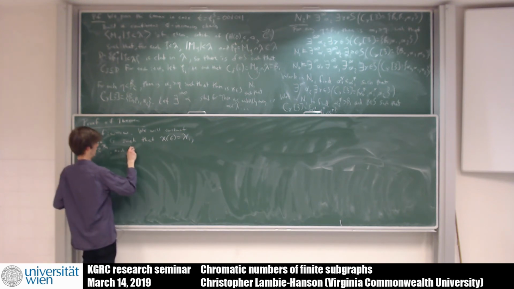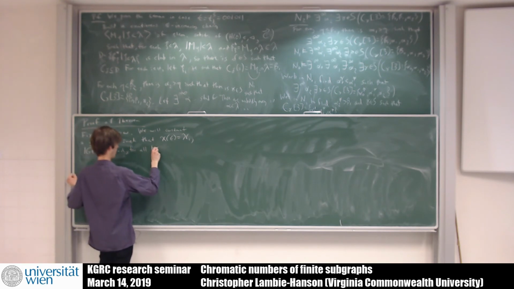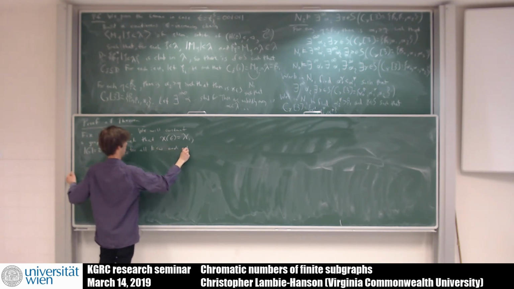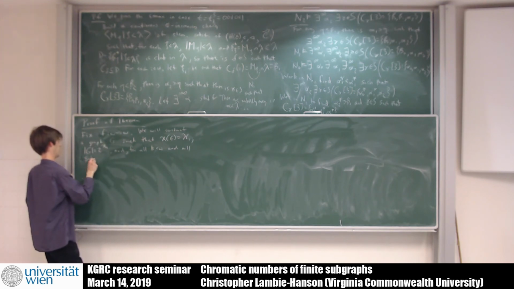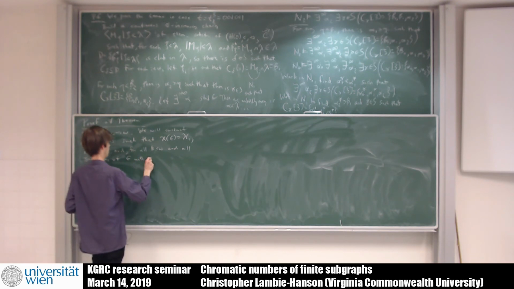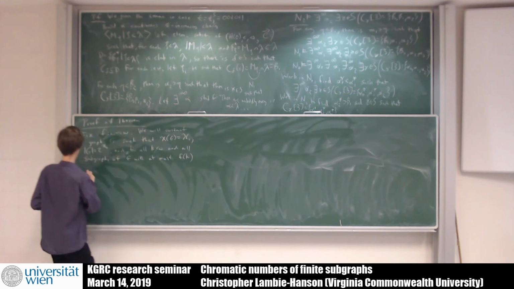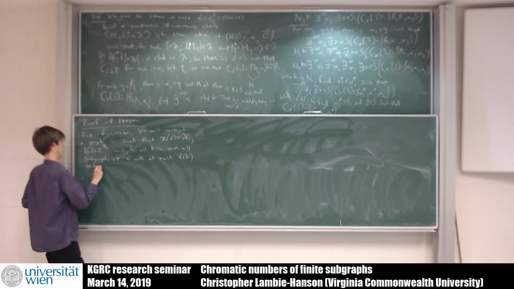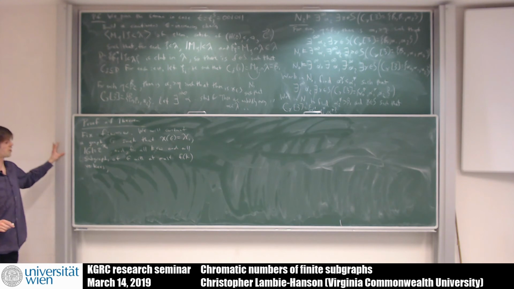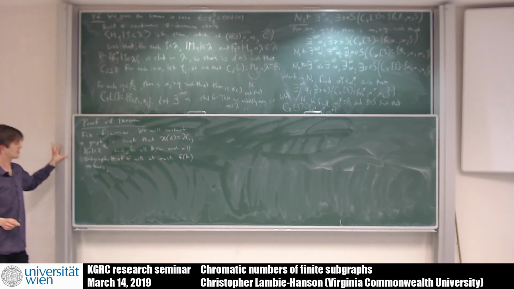And for all k less than omega, and all subgraphs H of G with at most f of k vertices, we'd like to say that the chromatic number of H is less than k.